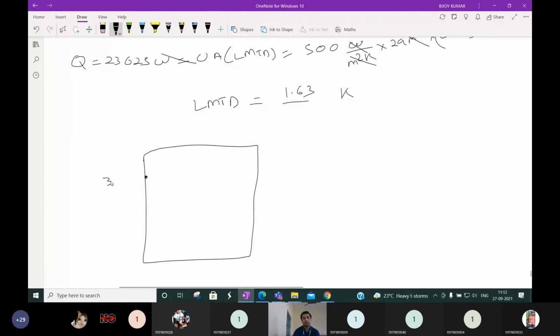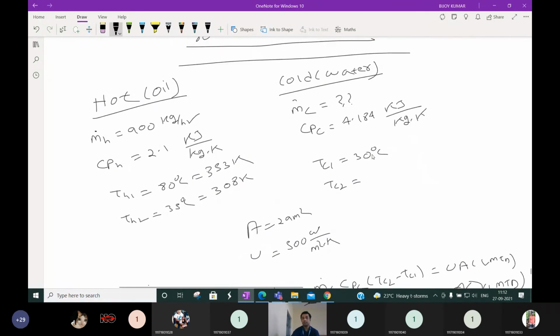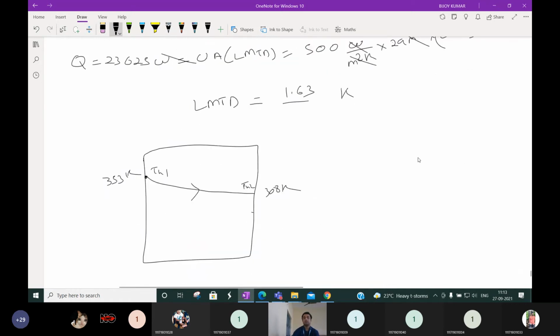Oil is entering at 353 Kelvin, that is TH1, and leaving at TH2, or we can say 308 Kelvin, in this direction. And cold fluid is entering in the opposite direction. So cold fluid temperature is 30 degrees centigrade, or you can say 303 Kelvin. This is TC1, it is given 303 Kelvin.